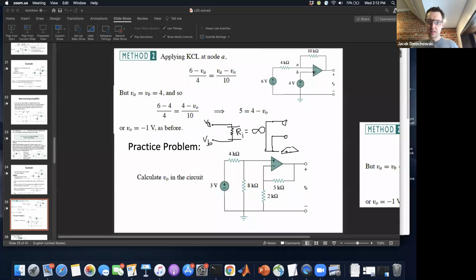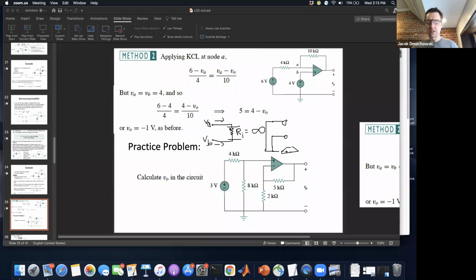Again, the reason that we can approximately set them equal to each other is because there is such a large input impedance that no current is actually going to flow along this path.